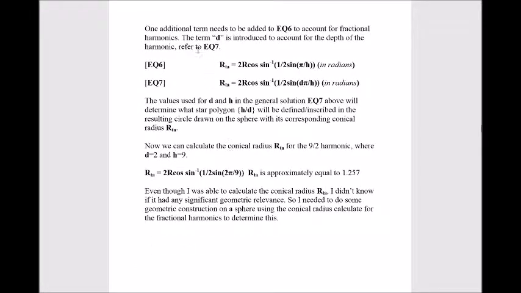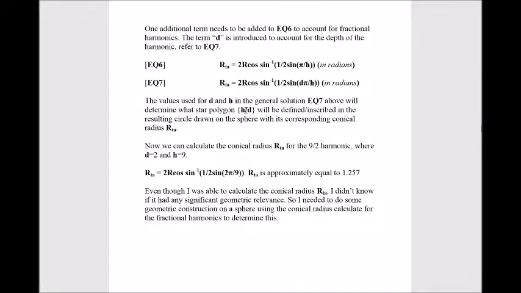As a result, we need to add one more term to the general solution to account for fractional harmonics. So we're going to add the term d to account for the depth of the harmonic, which is going to change the operand from pi/h to d pi/h.